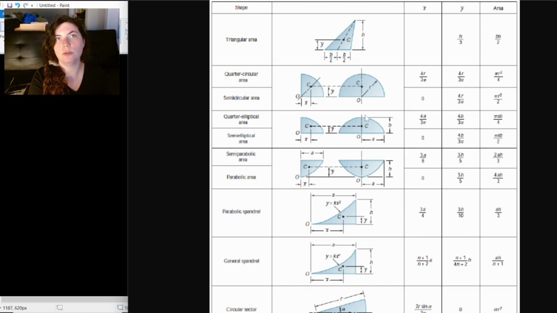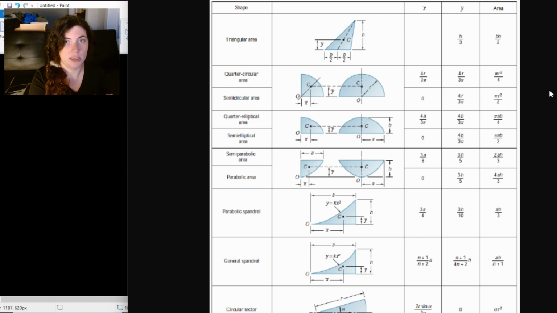So for example, if you're given a semicircular area, you can find the centroid, it's obvious. It would be halfway through the semicircle. But if you're given a quarter circle, the centroid is a little less obvious, and so you might need an equation for that. The centroid of a triangular area, we use that a lot.